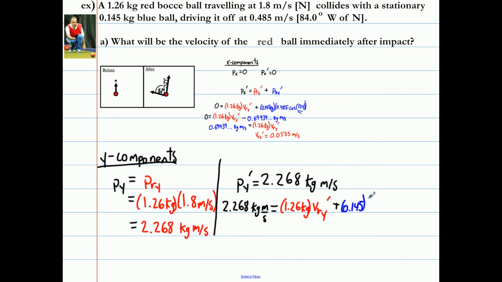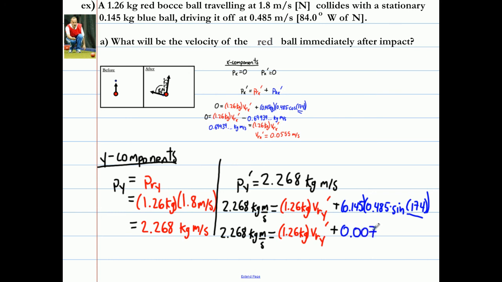We've got its mass, the 0.145 kilograms, and multiply that by the speed of the blue ball in the vertical component. So we're going to do sine of 174. So again, we're using polar coordinates there, just because it works out nice. So same as above. And the result of that last bit of calculation is about 0.00735 and some other digits, kilogram meter per second.